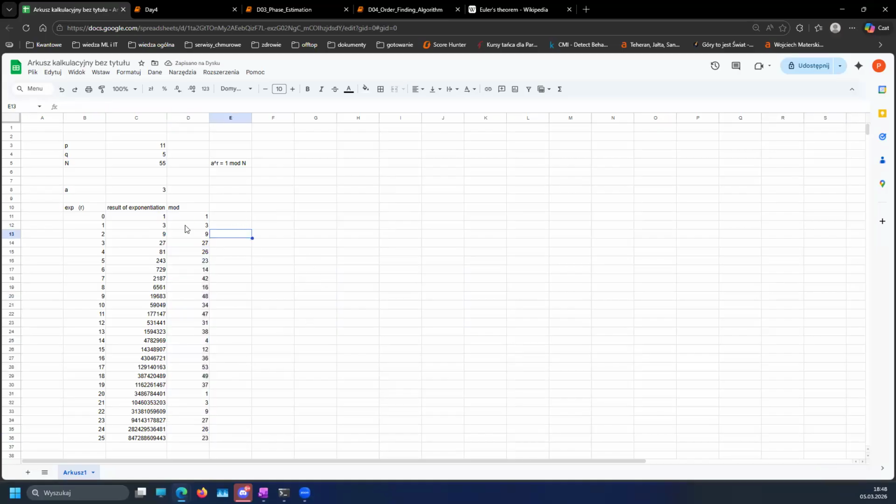Okay, so as you can see, I've calculated here the remainder for different R's. And here you can see that it gets bigger, then it gets smaller, bigger, and so on. So here you can see a real pattern. But here is the thing that we are looking for, and we will use an order finding algorithm to look for it.